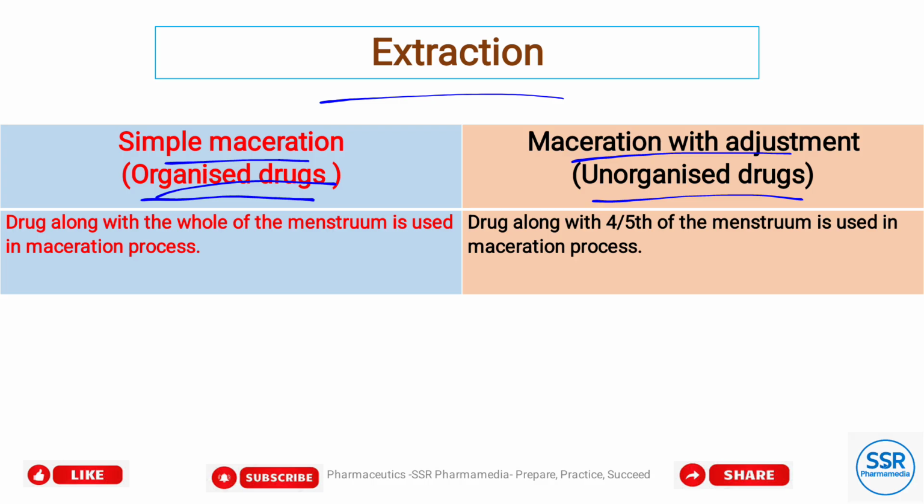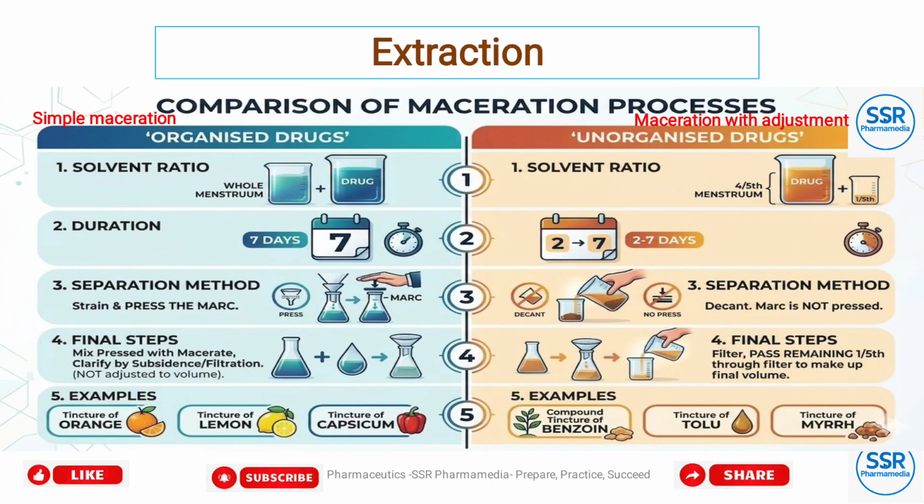In simple maceration, the drug along with the whole of the menstruum is used in the maceration process. In maceration with adjustment, the drug along with 4/5 of the menstruum is used. Next is the comparison of organized and unorganized drug maceration. Organized drug is simple maceration; unorganized drug is maceration with adjustment.